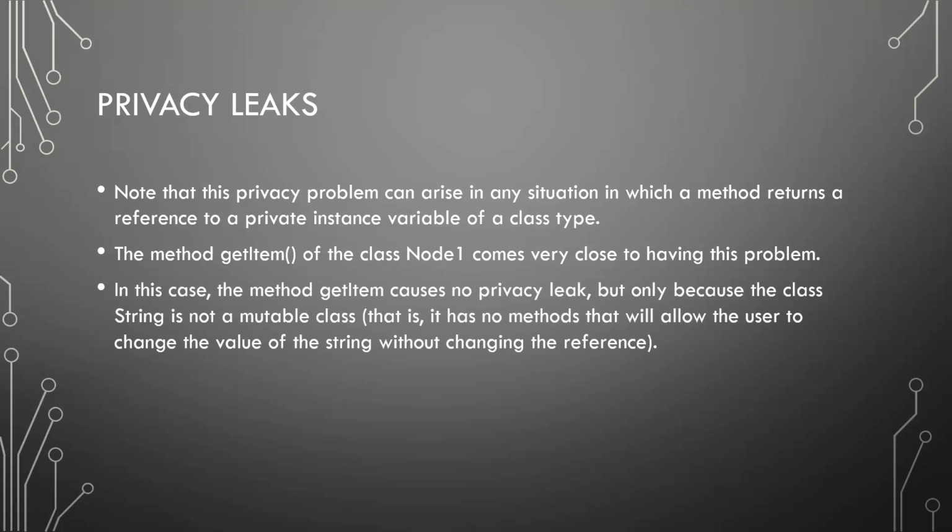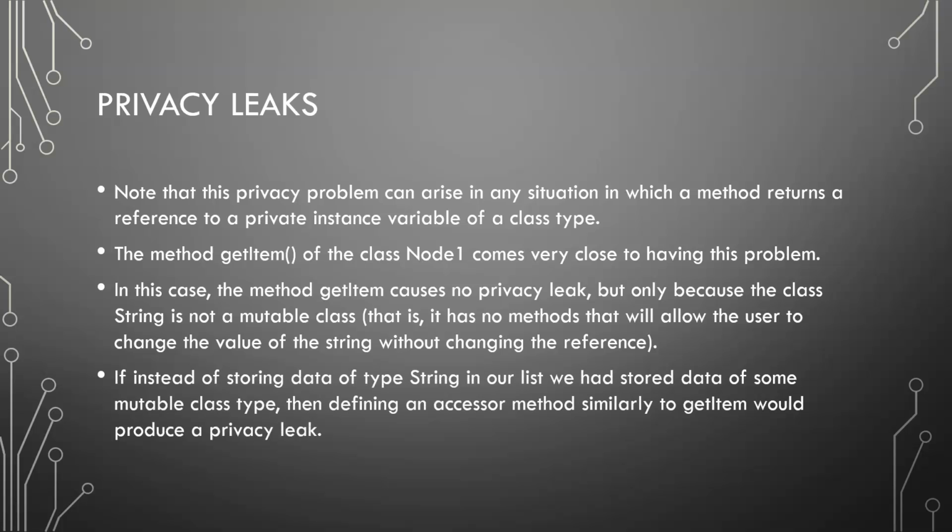In this case, getItem causes no privacy leak, but only because the class String is not a mutable class; it has no method that allows you to change the value of the string without changing the reference. If instead of storing String data in our list, we had stored data of some mutable class type, then defining an accessor method similar to getItem would probably produce a privacy leak. So these are good things to keep in mind as you're developing your code.